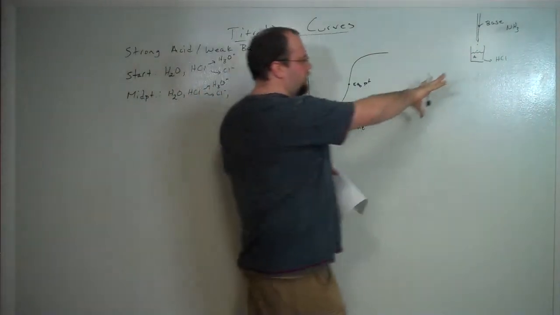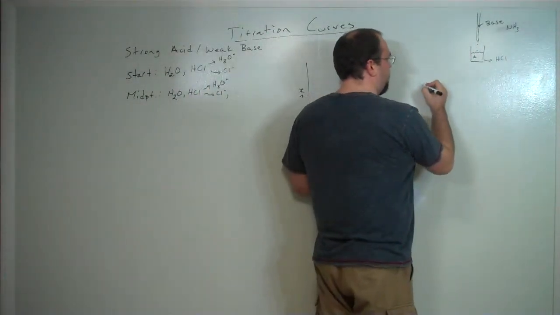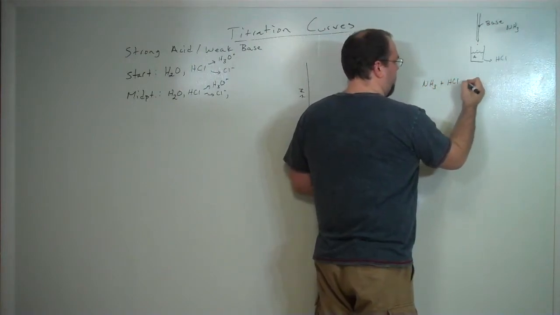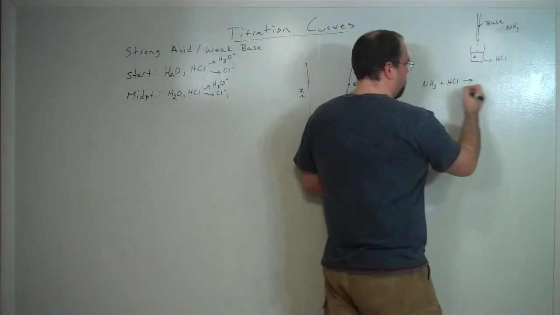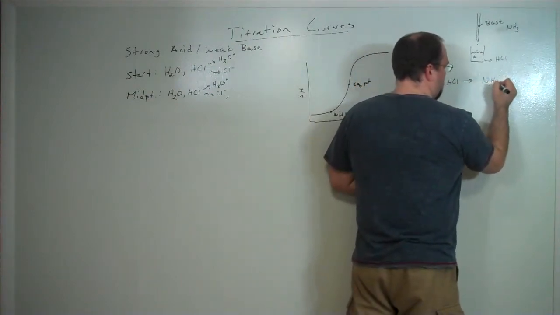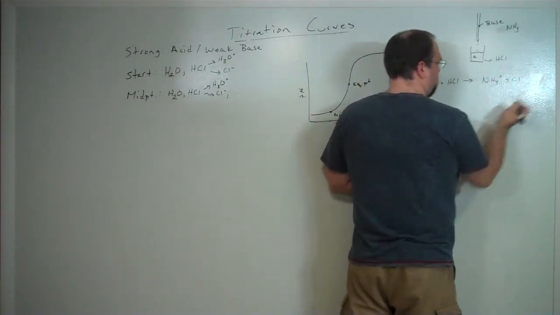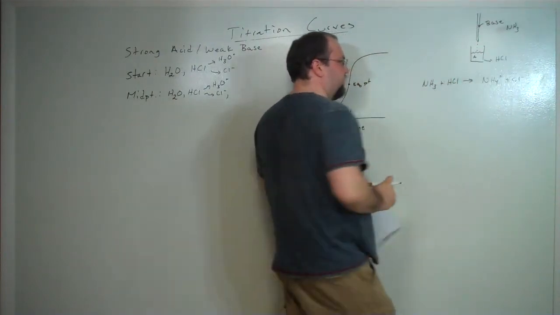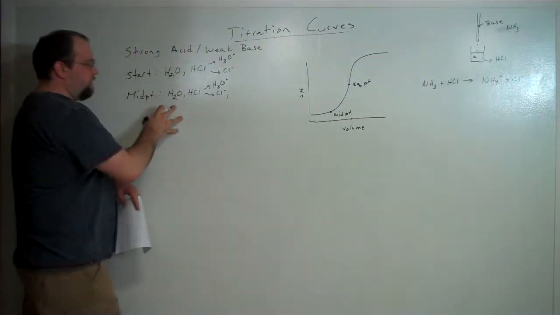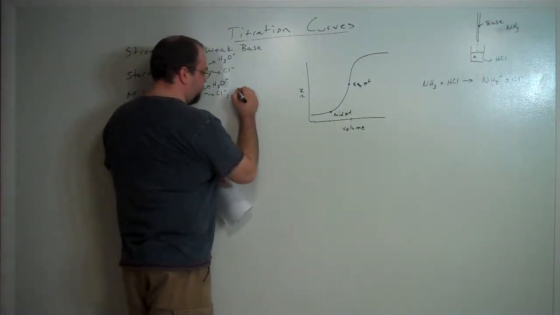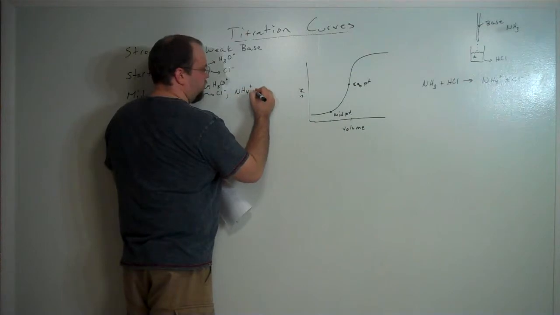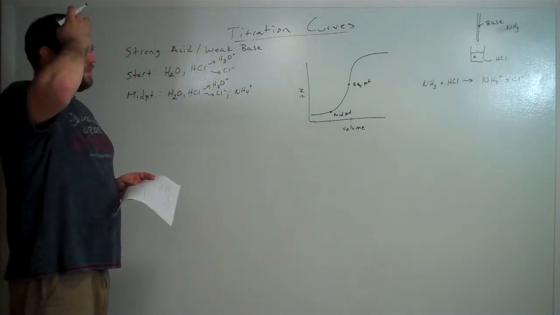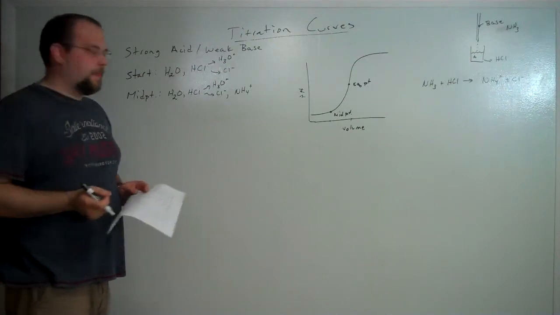I probably should have drawn the equation over here, but let me do that. It's NH3 plus HCl is going to form NH4 plus Cl minus. The base accepts the proton and turns into that. So, at my midpoint, I'm going to have some NH4 plus present.